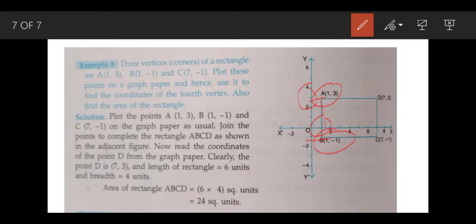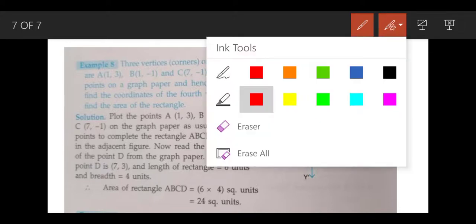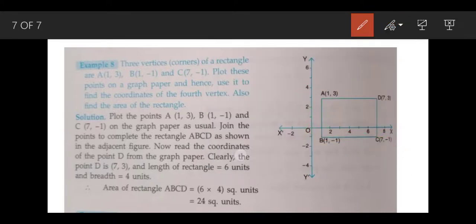Point C, 7 comma minus 1. Again in the fourth quadrant, the value of x is 7, y is minus 1. So this will be the point C, 7 comma minus 1. After getting the points A, B, C, we will join AB, we will join BC. Now with the perpendicular lines, the perpendicular line of C will be this, and the horizontal line this.